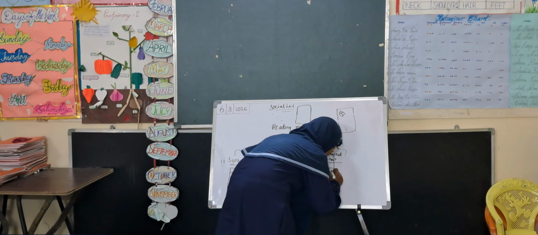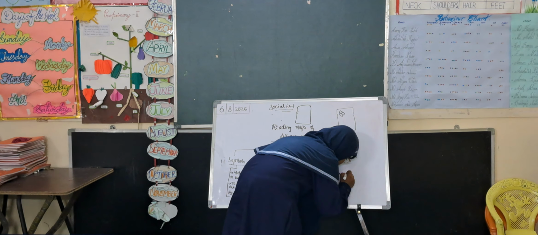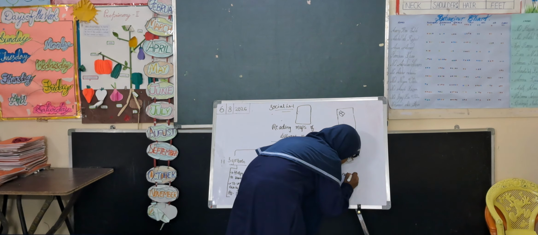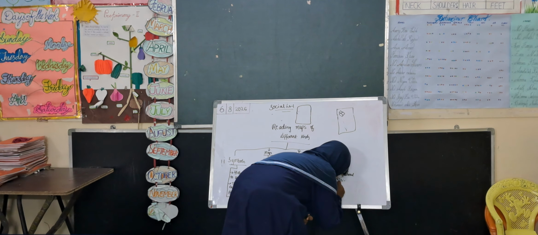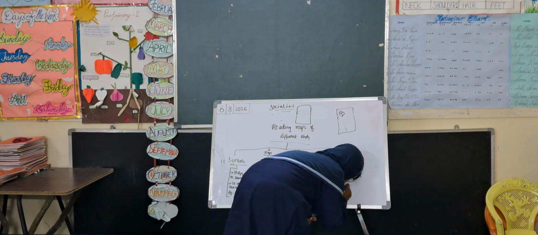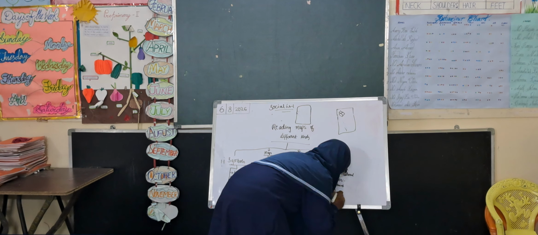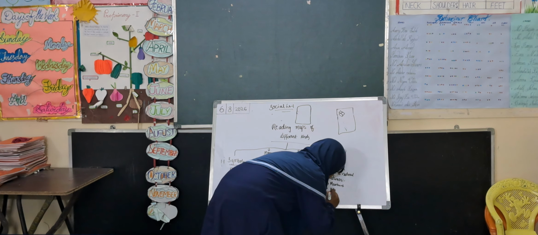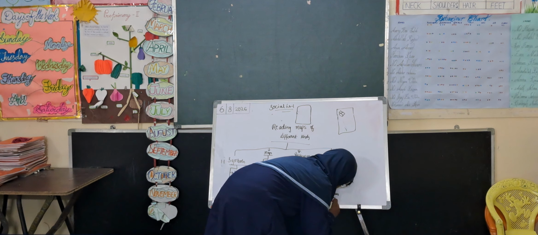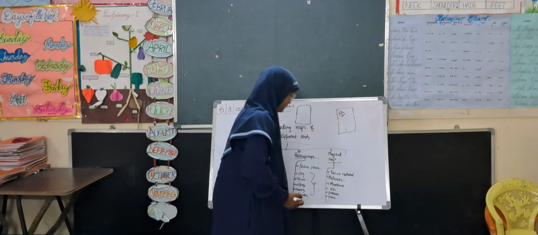They show natural features, such as mountains, hills, plateaus, plains, rivers, and oceans.